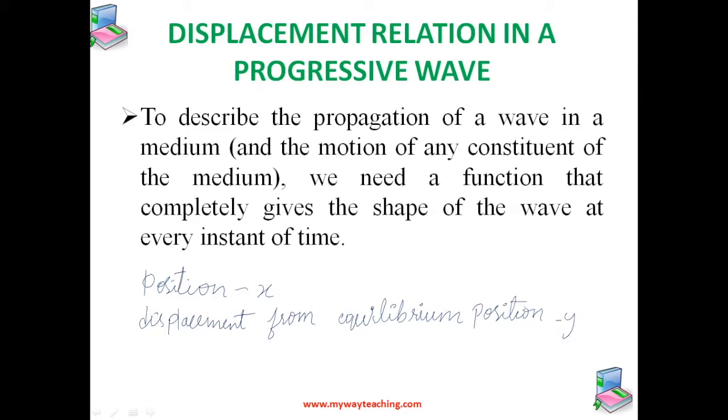So a sinusoidal traveling wave can be written as y(x, t) = a sin(kx - ωt + φ).